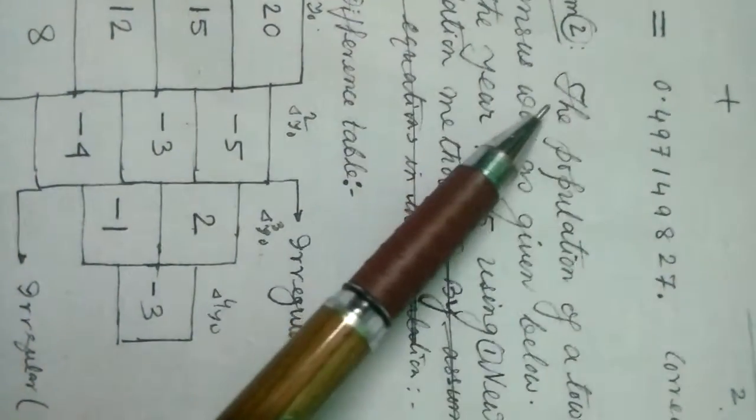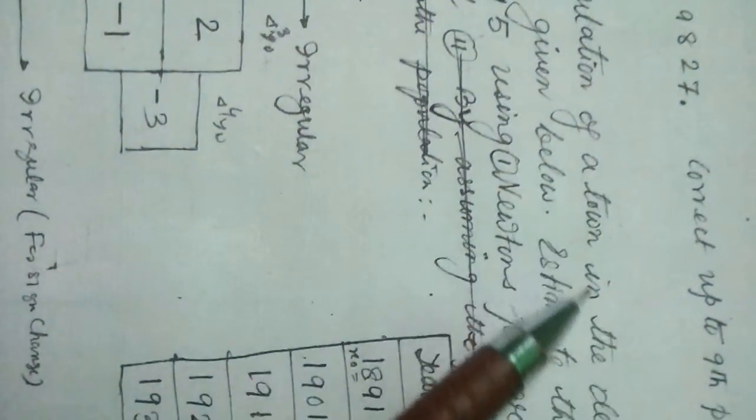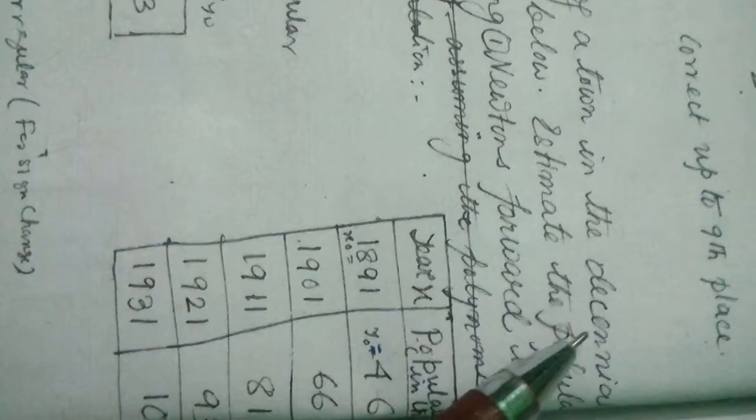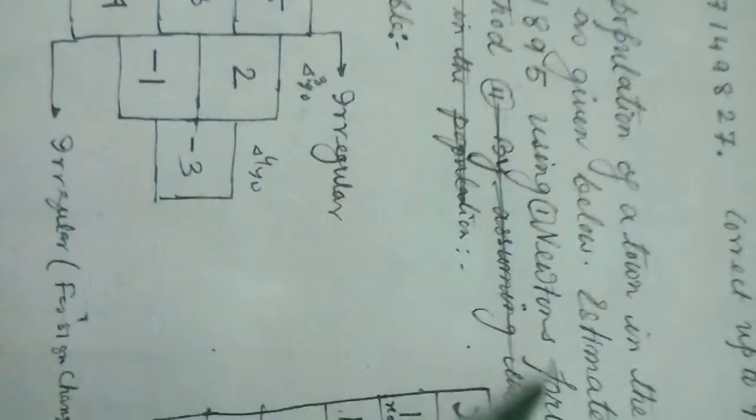Now this is another problem. The problem is the population of a town in the decennial census, means after 10 years, was as given below.